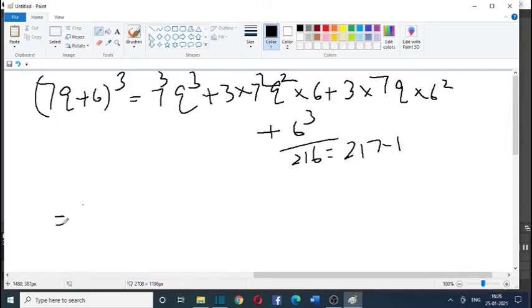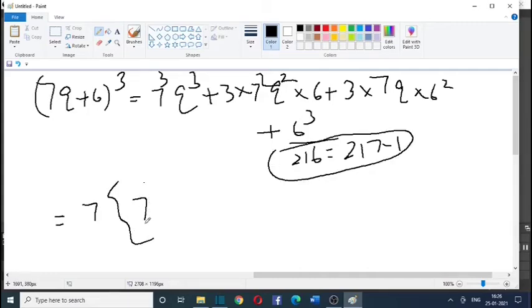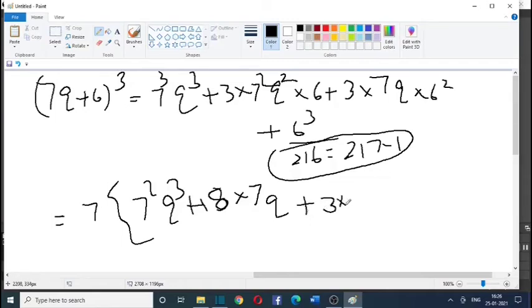So this is 7 into 7 square q cube plus 3 into 7 into 6, 18, into 7q plus 3 into 6 square into q plus 217, which is 31 into 7 minus 1, which is equal to 7k minus 1.